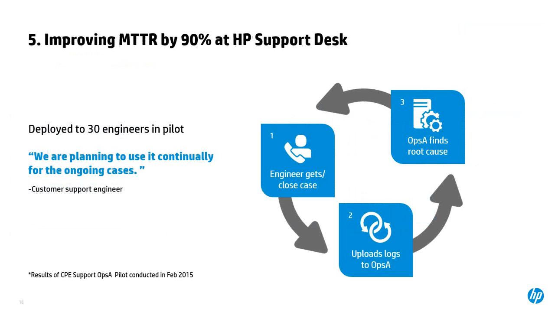Now, our fifth example is actually another HP example, at our support desk supporting our HP software. They heard of operations analytics, and they wanted to see if this was a tool that could help them do their jobs better.